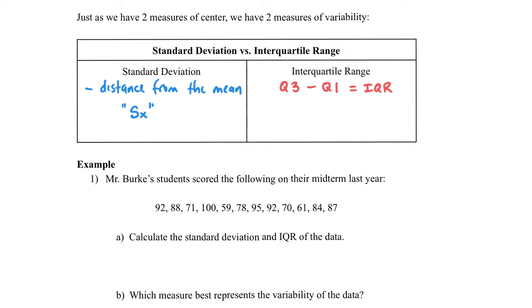Now, just like with mean and median, if the data is normal, then we can use standard deviation. But if the data is skewed, we're going to use the IQR.